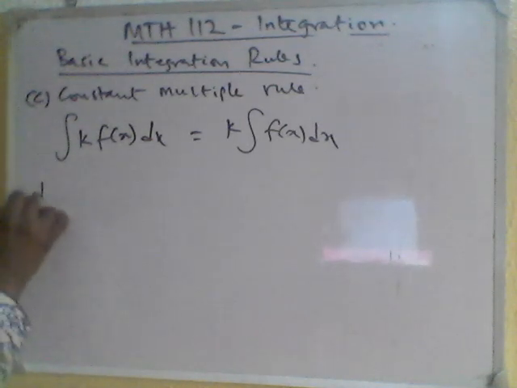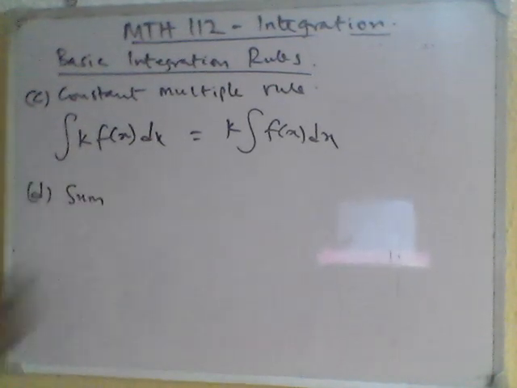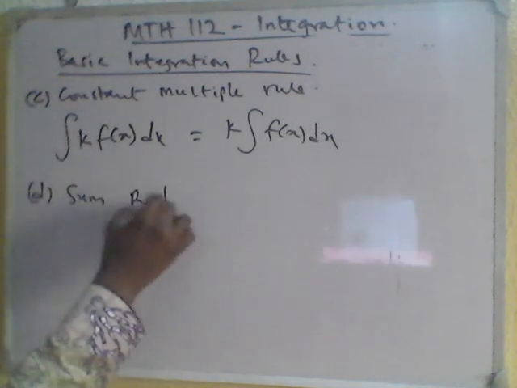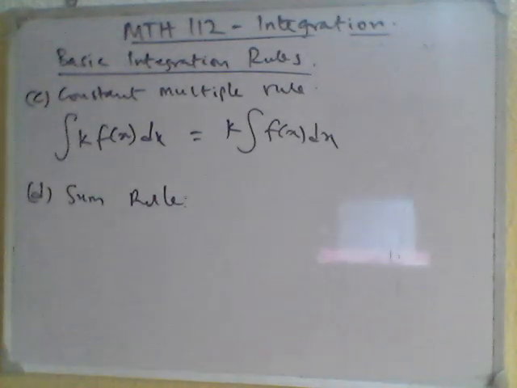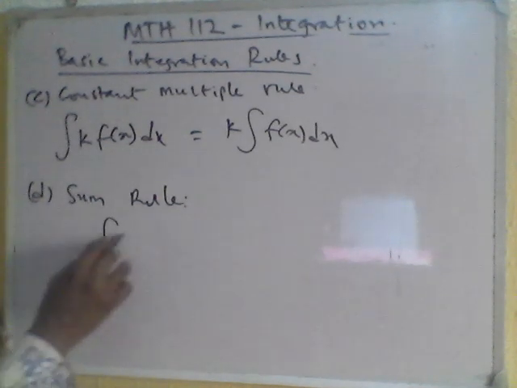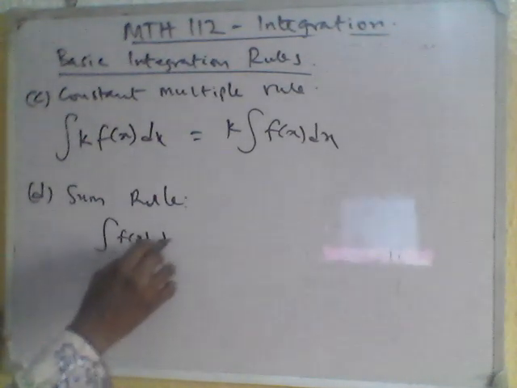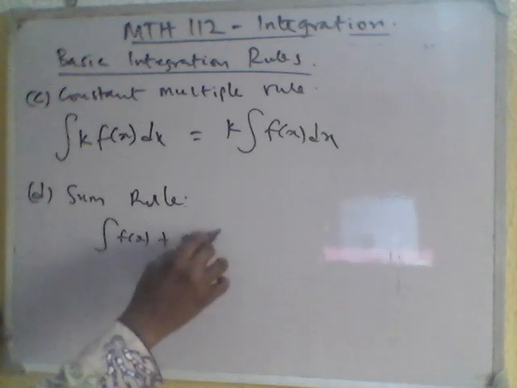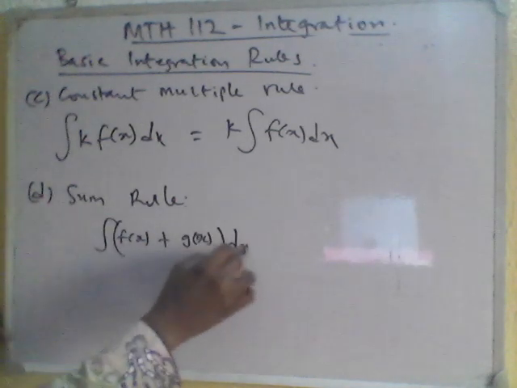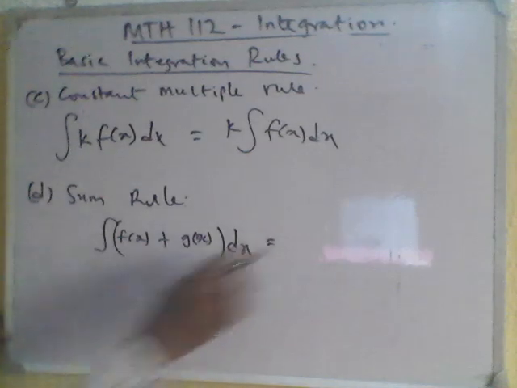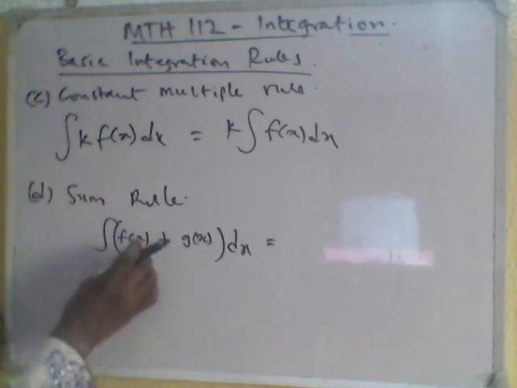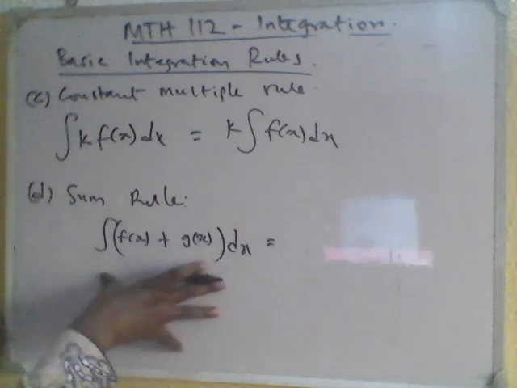Then the sum rule, finally, under the basic integration rules. The sum rule states that if I have the integral of f of x plus g of x, all dx, it's the same thing as integrating them term by term, because these are two terms inside one integral.